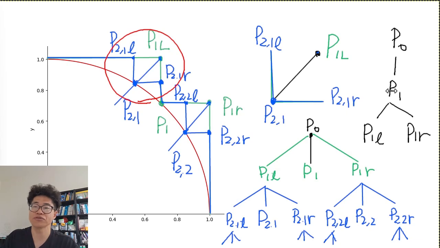This is the geometrical representation from the corner point and intersection point and L and R. But in the program, from P0, these 3 points are generated. This is the data structure I want to store in the computer. In computer science, this is called tree structure, and this is 3 nodes, so it's called ternary tree. And here is a level 1 approximation, here's level 2 approximation, and we go level 3, 4, 5. This is the plan.